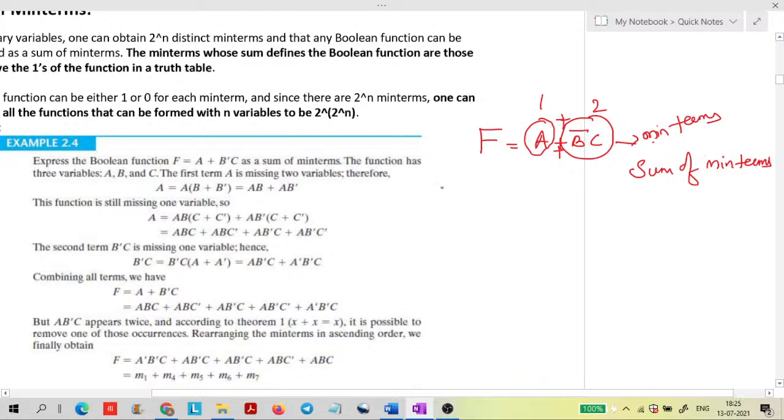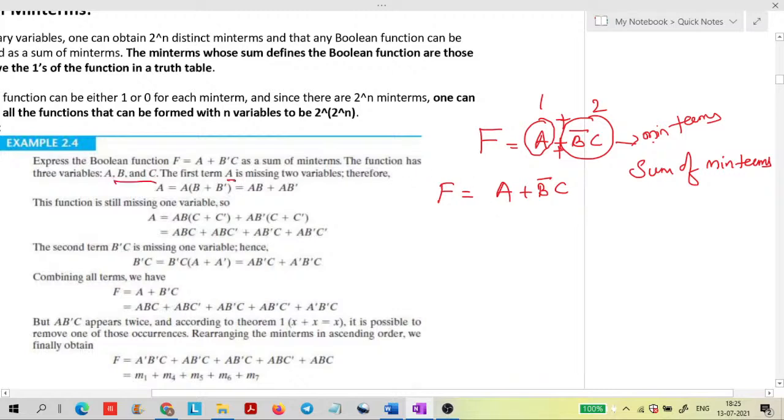Here they gave the function f equal to a plus b bar into c. The function has three variables a, b, c.